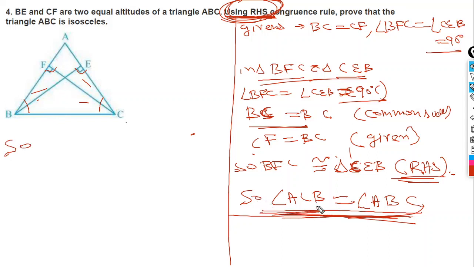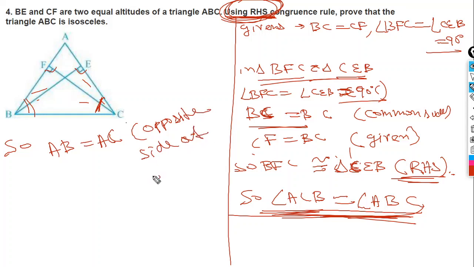Look at the figure: the side opposite angle ACB is AB and the side opposite angle ABC is AC. So AB equal to AC. Give reason: opposite sides of equal angles. Hence proved.